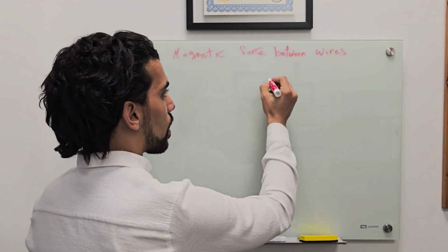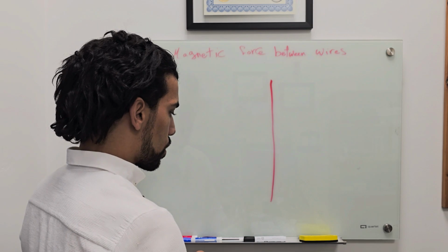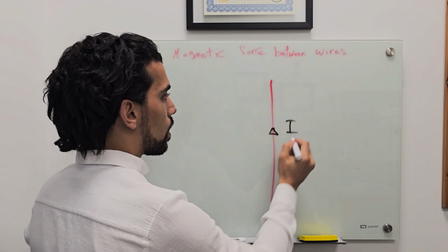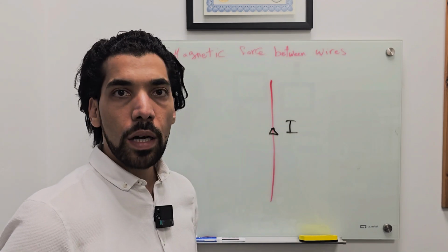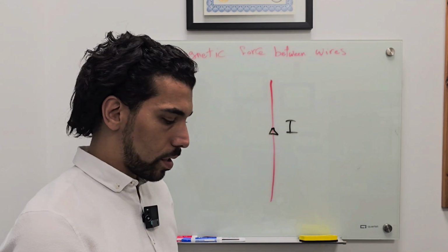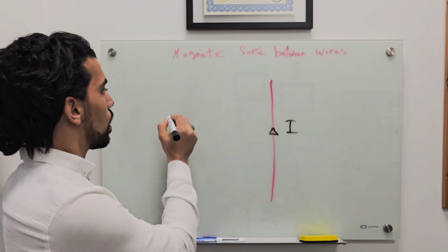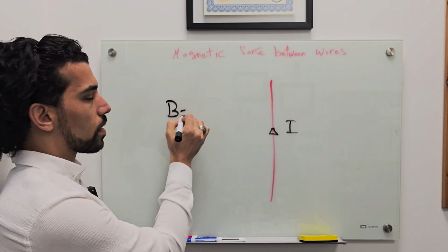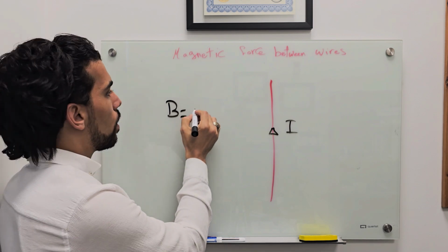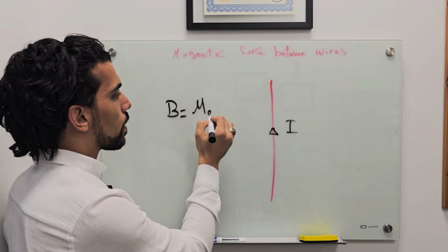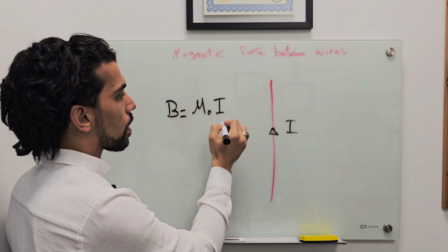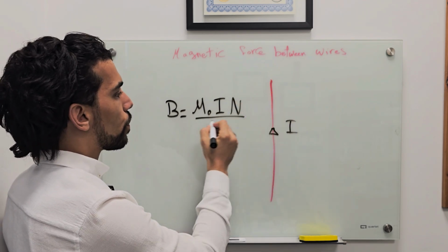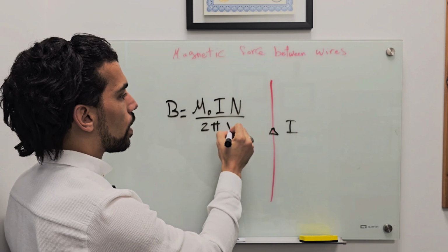So if we have a wire that carries a current I, then this wire creates some magnetic field around it. And the magnetic field of this wire, B, is equal to mu naught, the permeability in space, times I, the current, times N, the number of wires that you have, over 2 pi r.